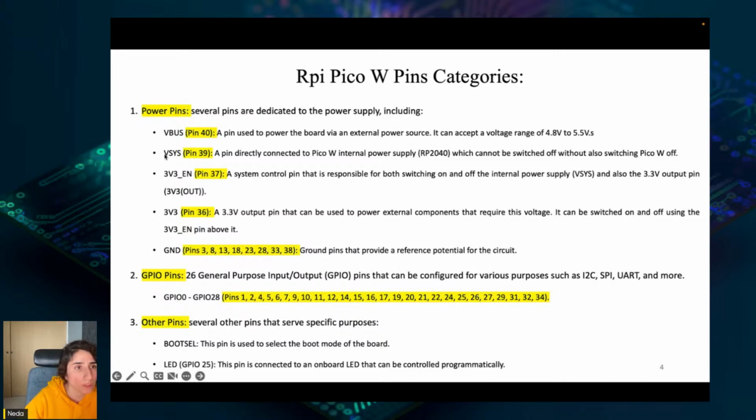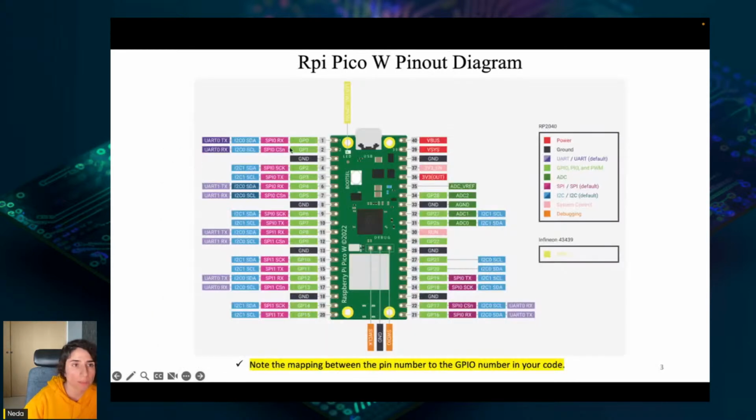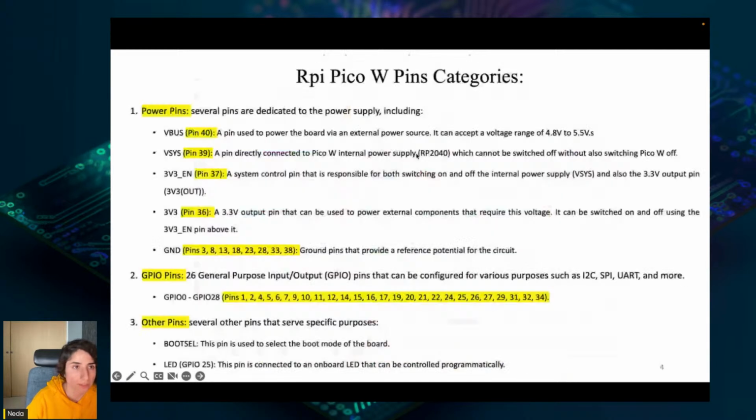The other one is VSys, or V-system. That is pin number 39 here. It's a pin directly connected to your Pico W internal power supplies. That is the chip RP2040.